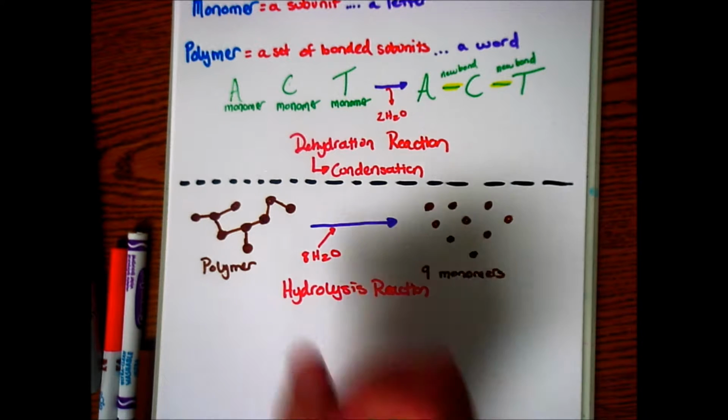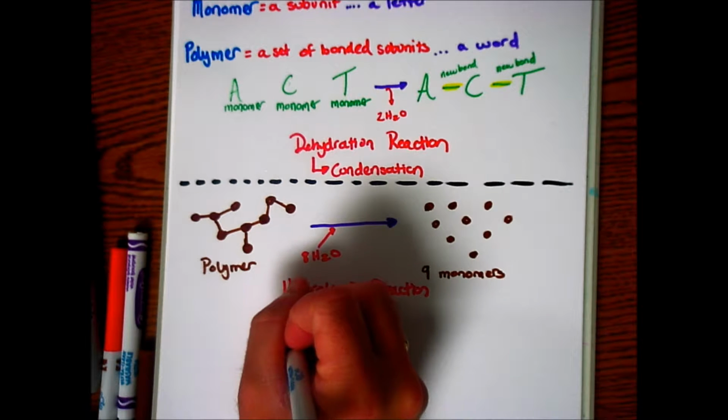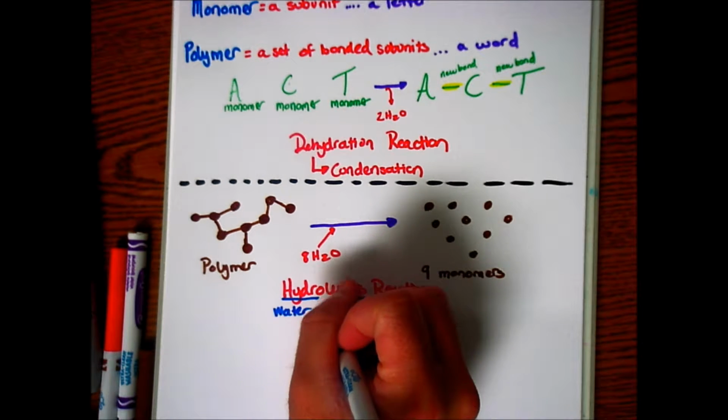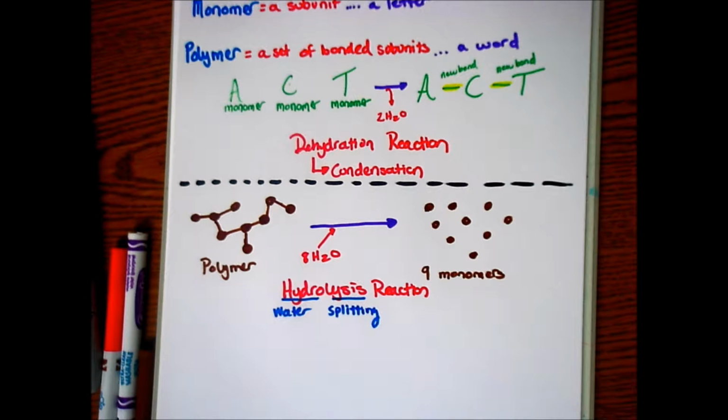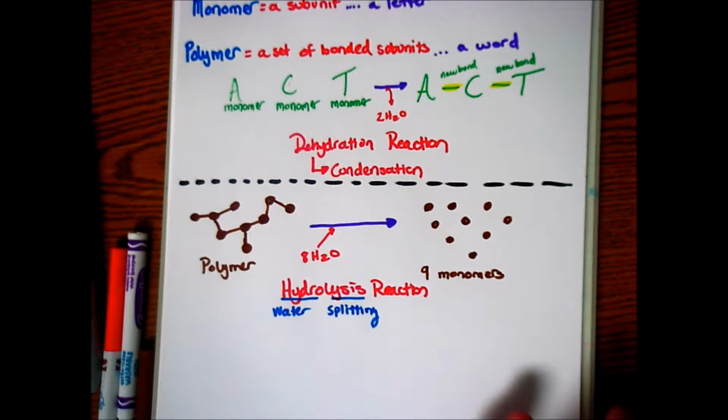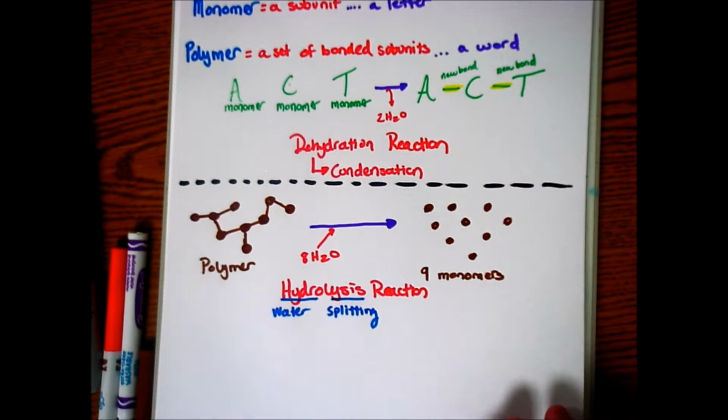The term hydrolysis literally means water splitting. So the term hydrolysis directly connects back to the notion that you are taking a polymer and breaking it up into little pieces. And water is the required component.